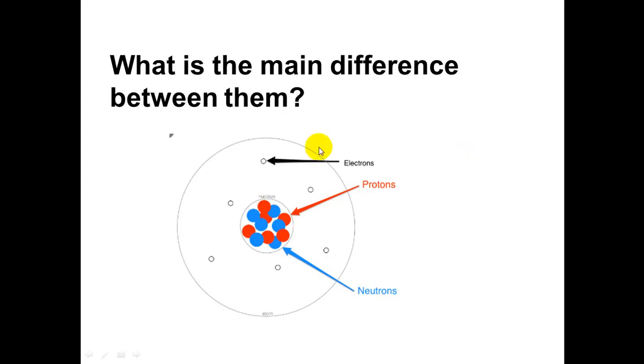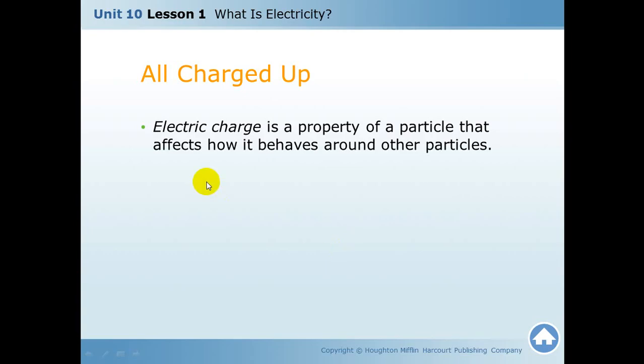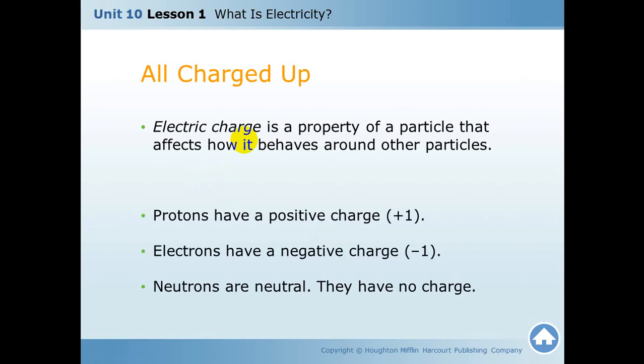How the electrons behave around other particles, how the protons behave around other particles, all of this is called electric charge. Protons have a positive charge. Each proton has a charge of positive 1. Electrons have a negative charge.